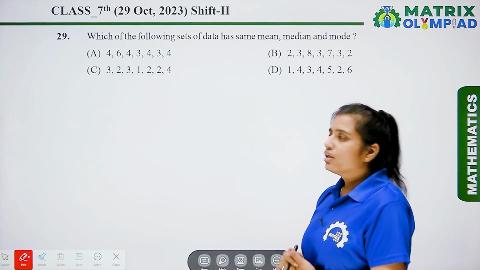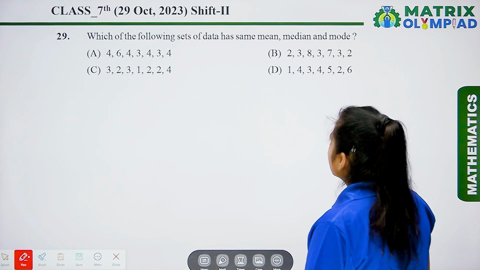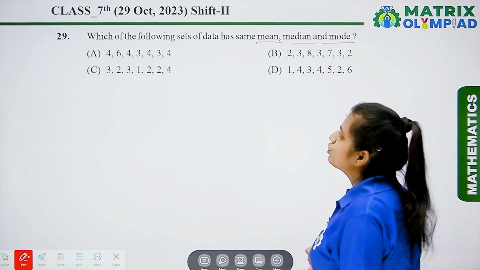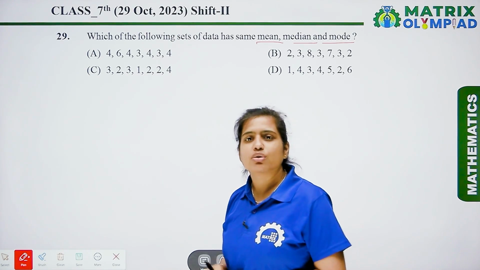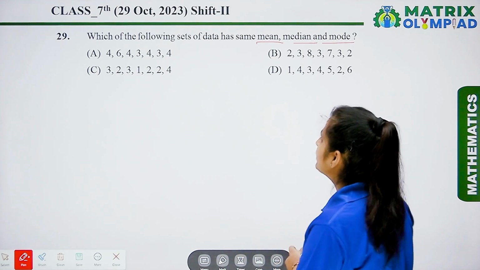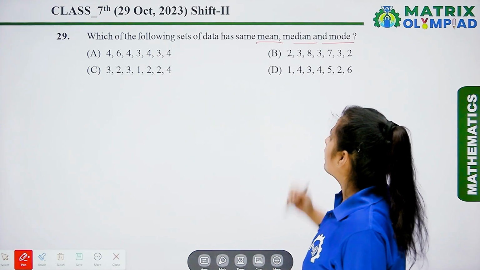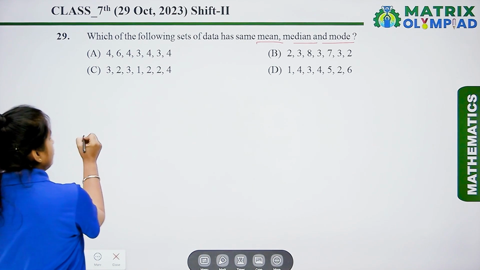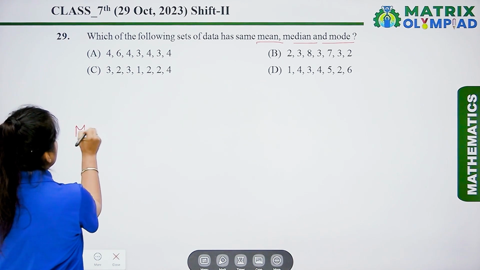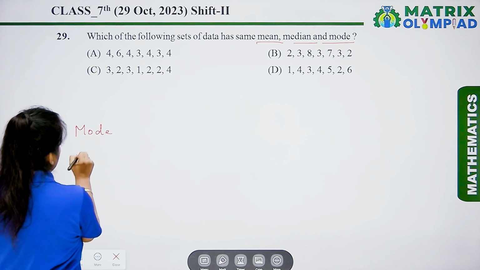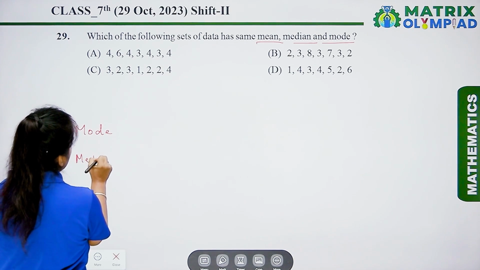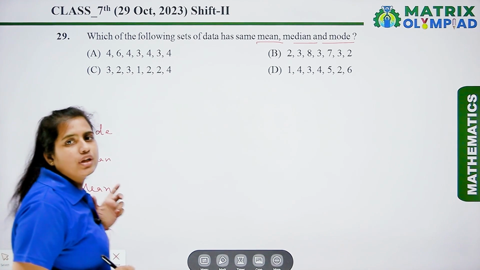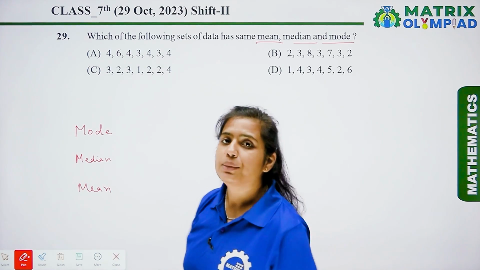In the next question, which of the following sets of data has the same mean, median and mode? So here we have to find out of these four options, which set of data is having the same mean, mode and median. So first we are going to find out the mode, then median, and then at the end, if necessary, only then we are going to find out the mean.